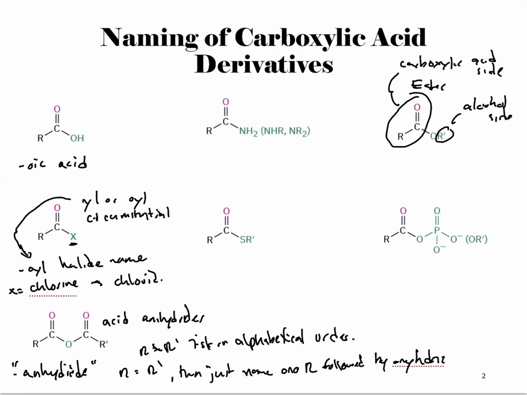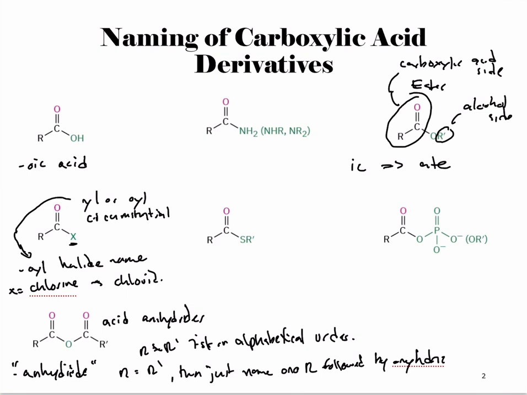And what you do is you're going to be replacing the carboxylic acid ending with ate, right? So ic goes to ate at the end. So if we had benzoic acid, it goes to benzoate if it becomes an ester.